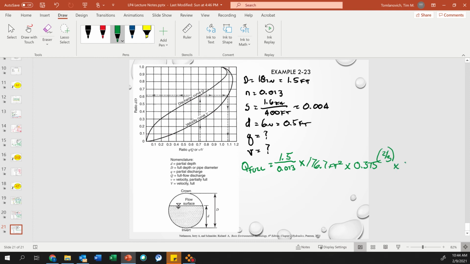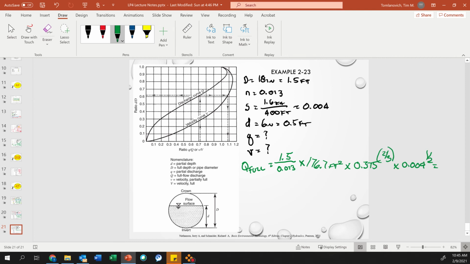Times my slope of 0.004 raised to the 1/2. So let's figure out our flow when it is full. 1.5 divided by 0.013, times 176.7, that's the cross-sectional area of flow, times 0.375 raised to 2/3, times 0.004 raised to 0.5.